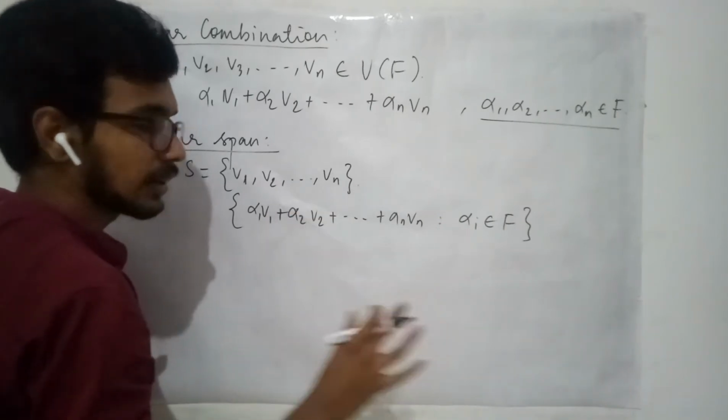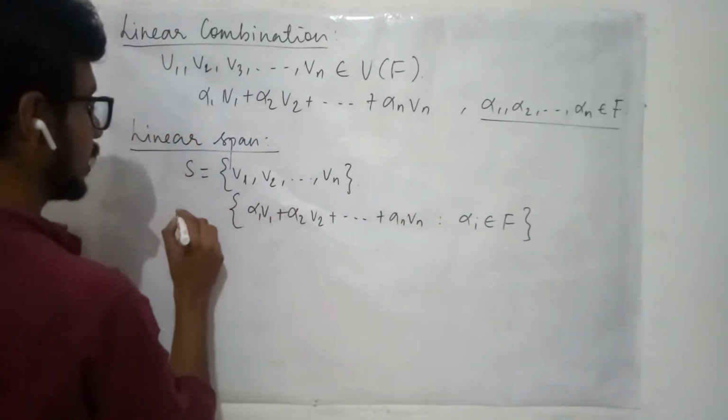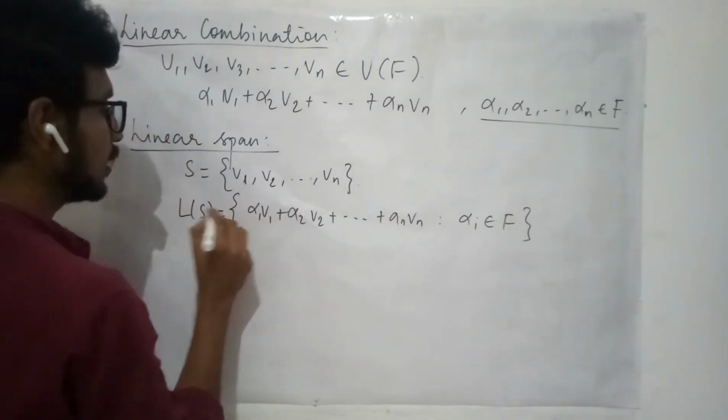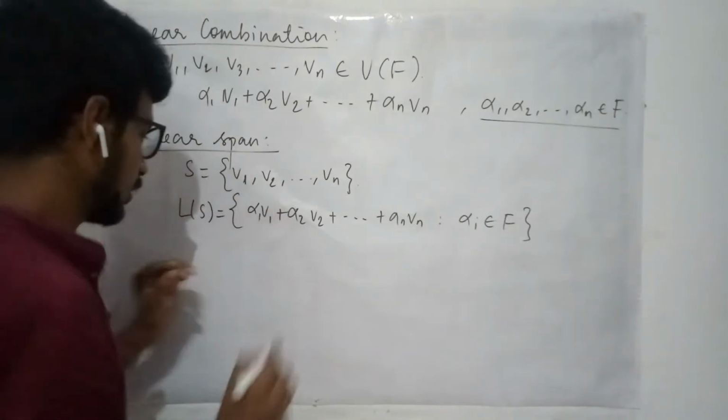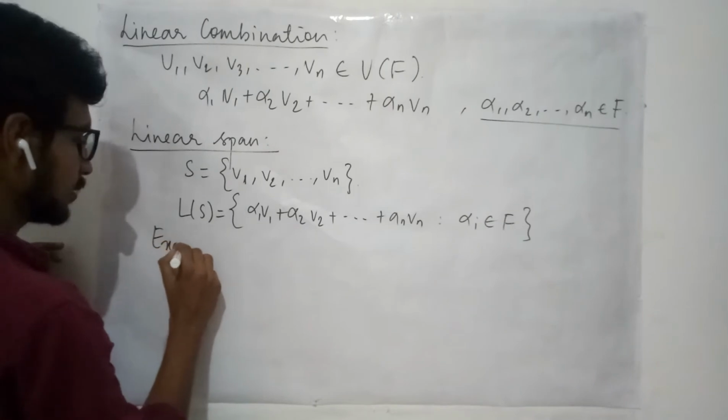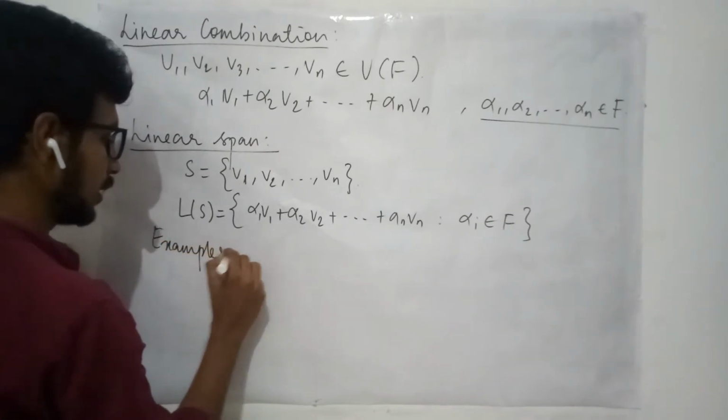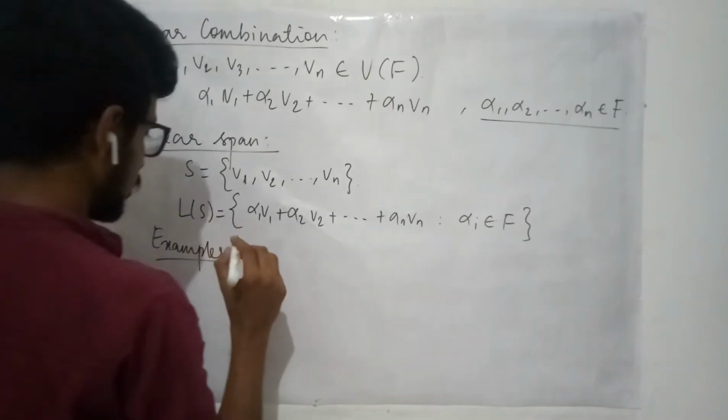Each results in a single vector. The collection of all those vectors we denote by the linear span of S. Let us see a few examples that will give you the idea of what linear spans are.